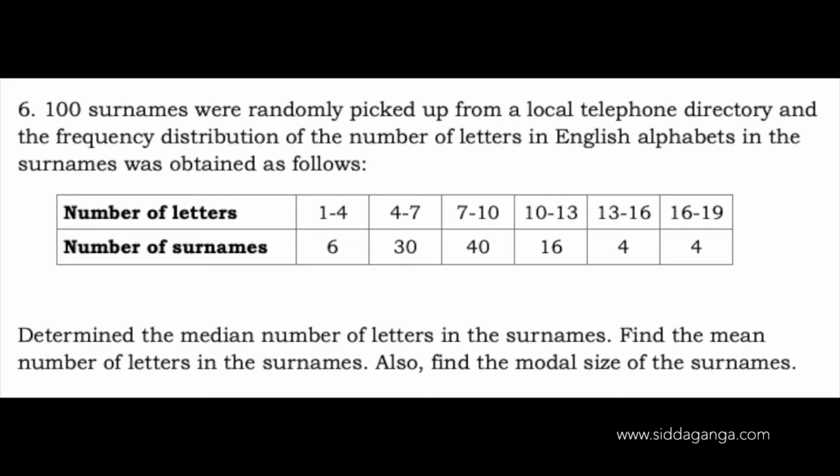Number of letters: 1 to 4, 4 to 7, 7 to 10, 10 to 13, 13 to 16, 16 to 19. Number of surnames: 6, 30, 40, 16, 4, 4. Determine the median number of letters in the surnames. Find the mean number of letters in the surnames and also find the modal size of the surnames.